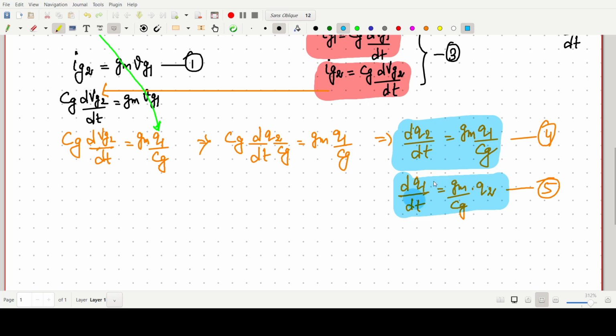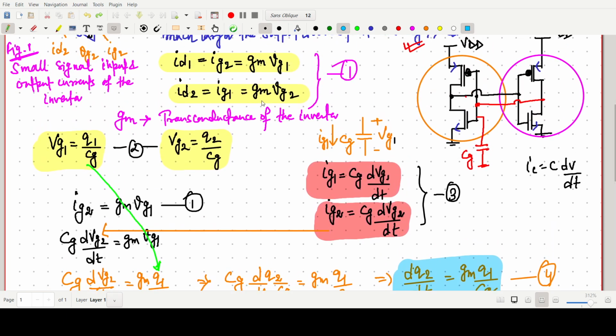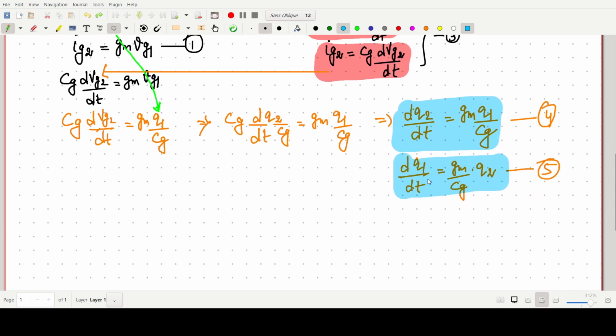Now from these two equations, if we put the value of Q2 in equation 4, we will get an expression. From equation 5 we take the value of Q2 and put it in the other equation, using Ig1 equals Gm Vg2.